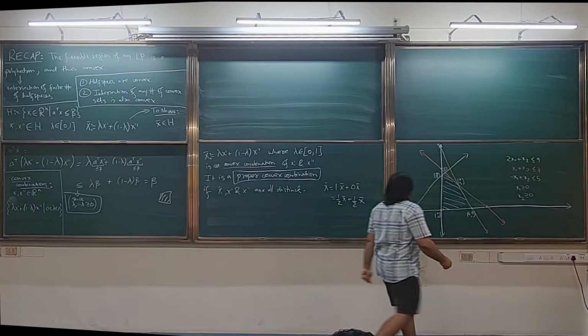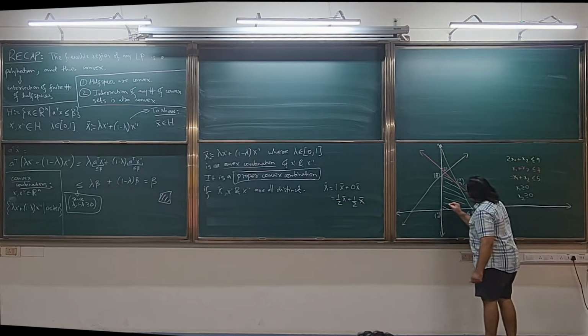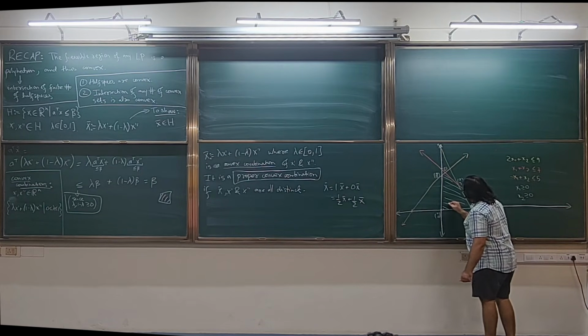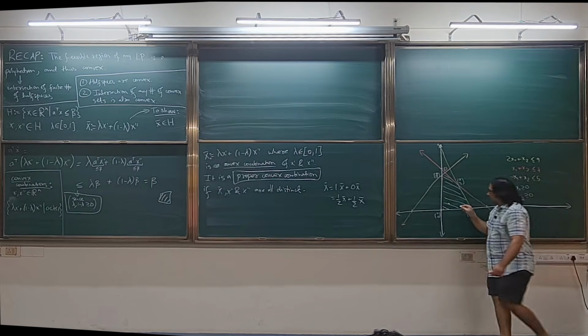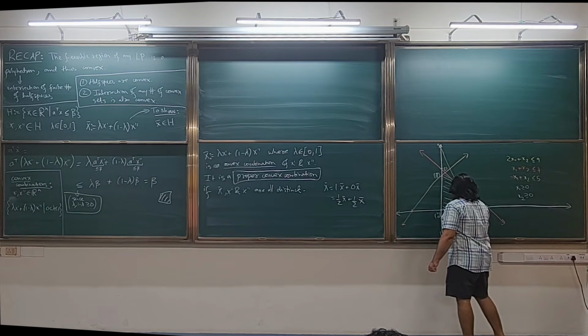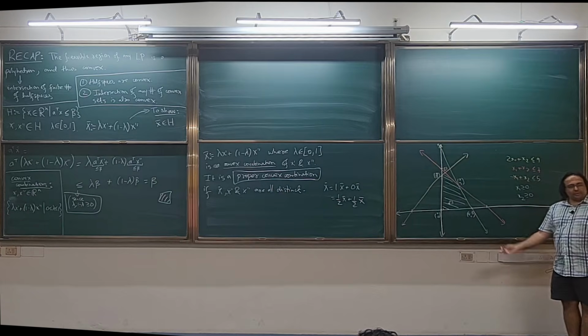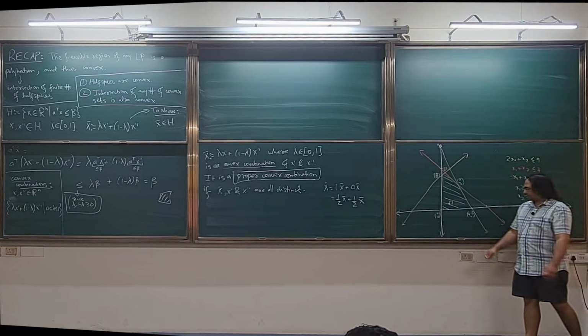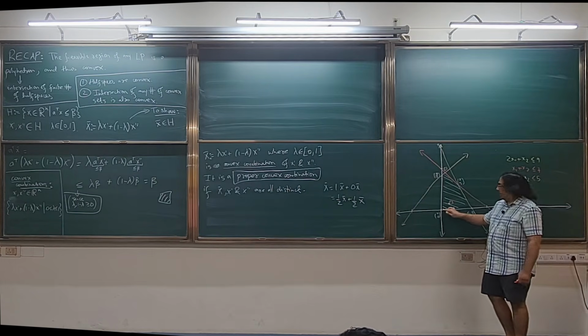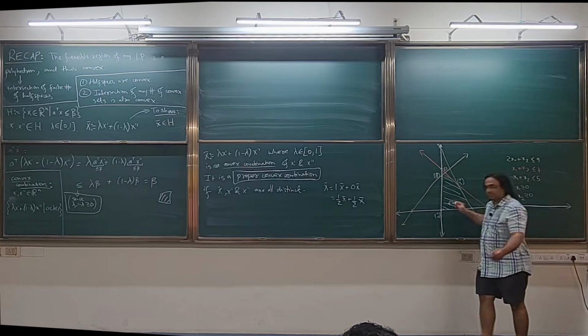Right? For example, the point 1, 1 over here, this is 1, 1. That can be written as an interesting convex combination. I can write it as half times 0, 0 plus half times 2, 2.